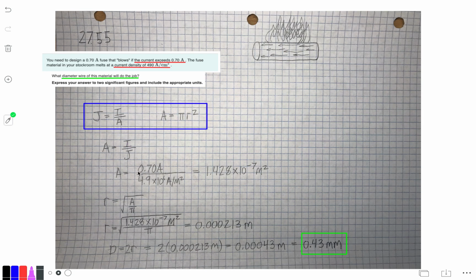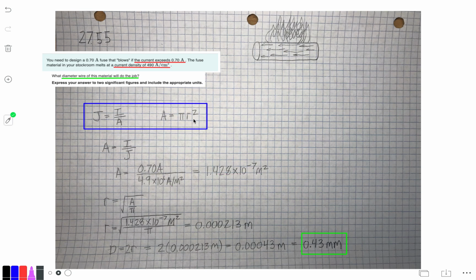In our case, we're going to have our current of 0.7 amperes divided by our current density here that I've converted to SI units, and then the amperes cancel here, and we're left with meters squared.